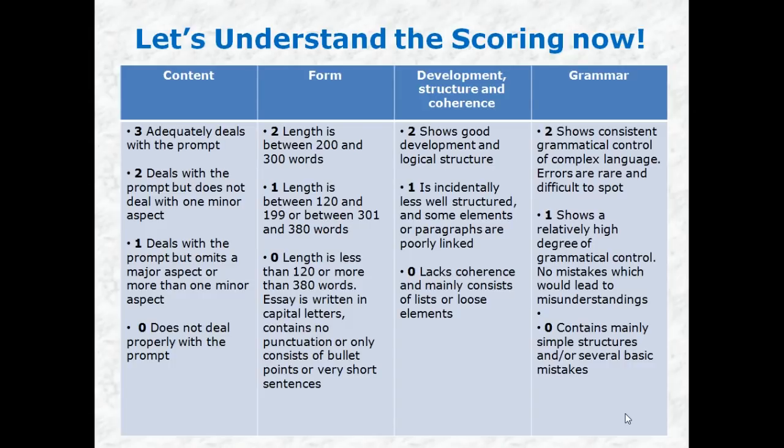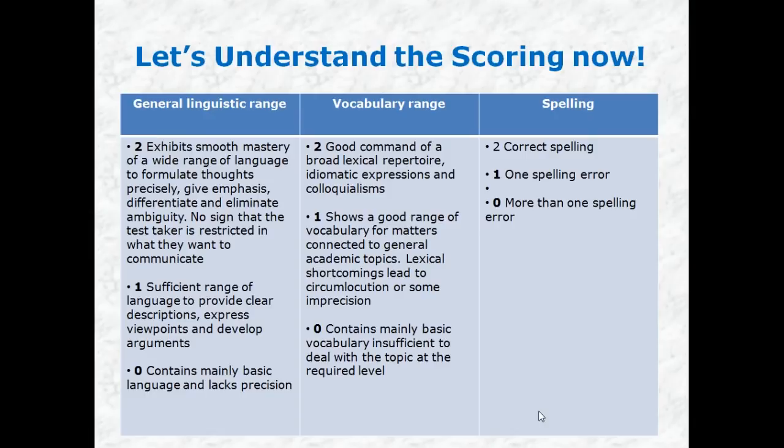Then comes grammar. When we write sentences, there must be consistent grammatical control over those sentences. Also, the correct usage of complex language is very important to maintain the flow of the sentences. Then comes GLR, that is General Linguistic Range.